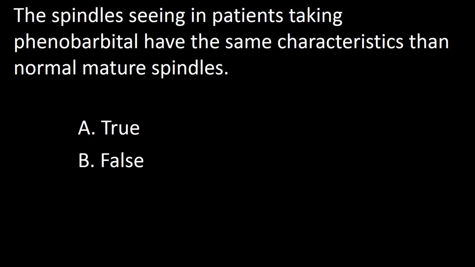Next question. The spindles seen in patients taking phenobarbital have the same characteristics as normal mature spindles. A true, B false. Extreme spindles, as those seen in patients taking phenobarbital, and normal sleep spindles certainly have different characteristics.